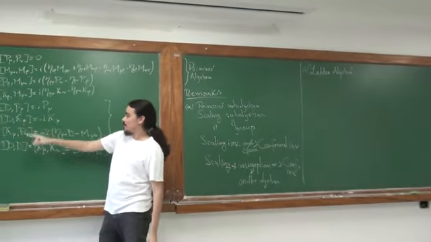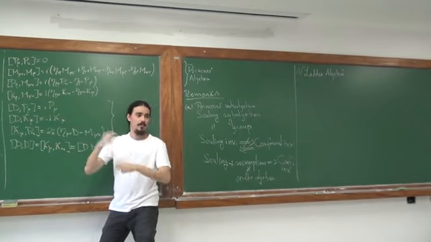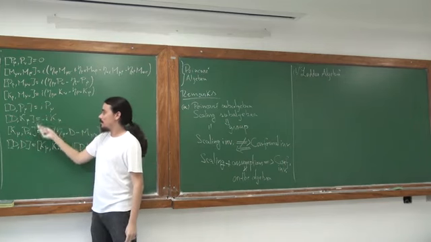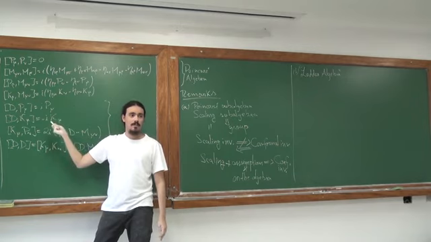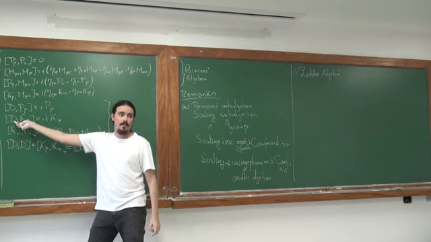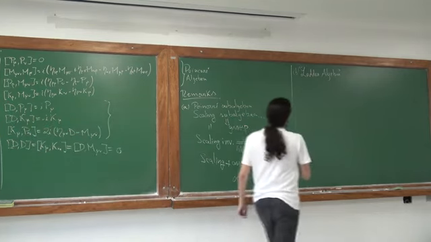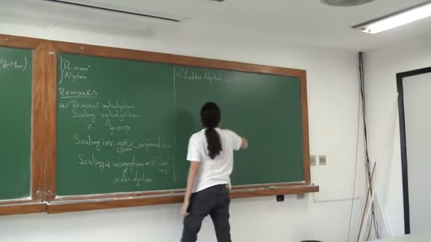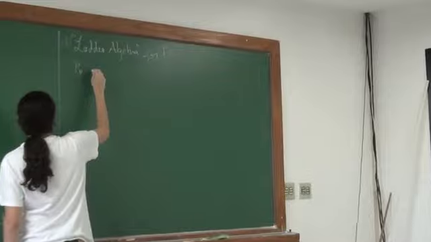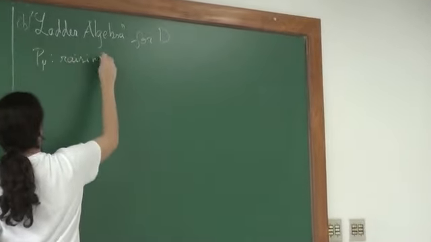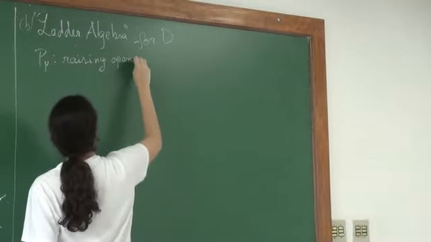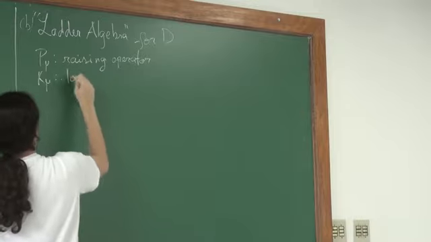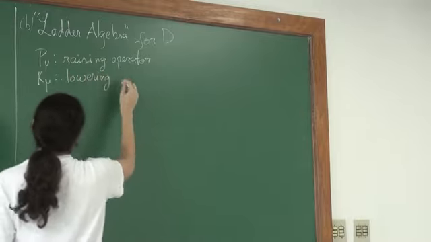If you just play with this factor of 2 and this factor of i, you can recognize that these three commutators imply a ladder algebra for the scaling generator D. P mu will act as a raising operator, while K mu will act as a lowering operator.